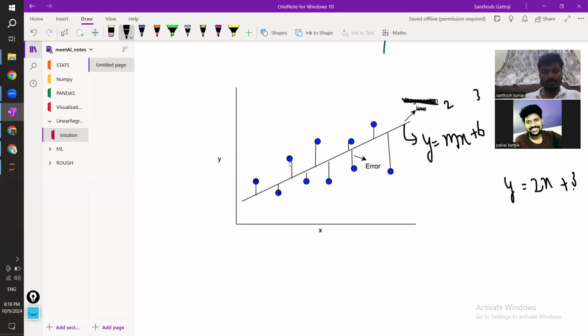So this is some line already there. Now this data point is actually over here. This is my y-axis, this is my x-axis. Observe here carefully. Let's say this is x1, y1.